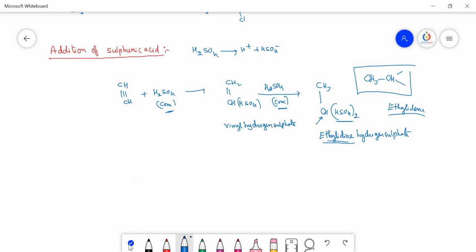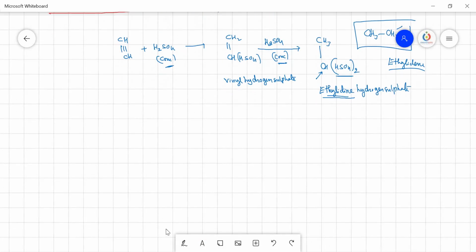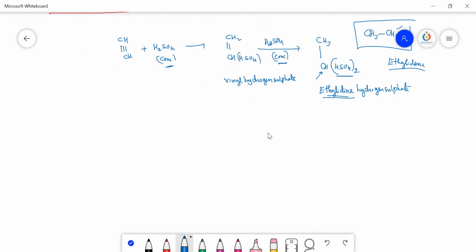Okay. Similarly, let us take one more continuation reaction for this. If we add water to this ethylidene hydrogen sulfate, then in organic chemistry, whenever water is added, wherever the HSO4 part is there, it will be removed as H2SO4, because the H plus ion from the H2O will be added to the HSO4 and removed as H2SO4, and the remaining OH part of the H2O will be connected to the carbon from where the HSO4 part has been removed.